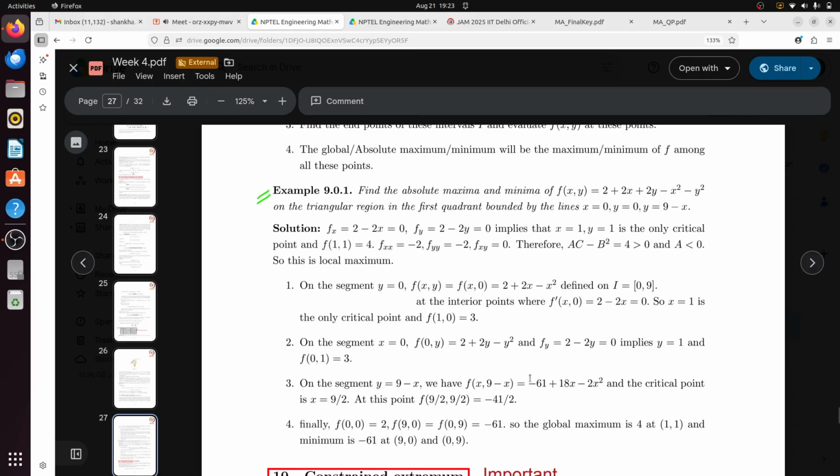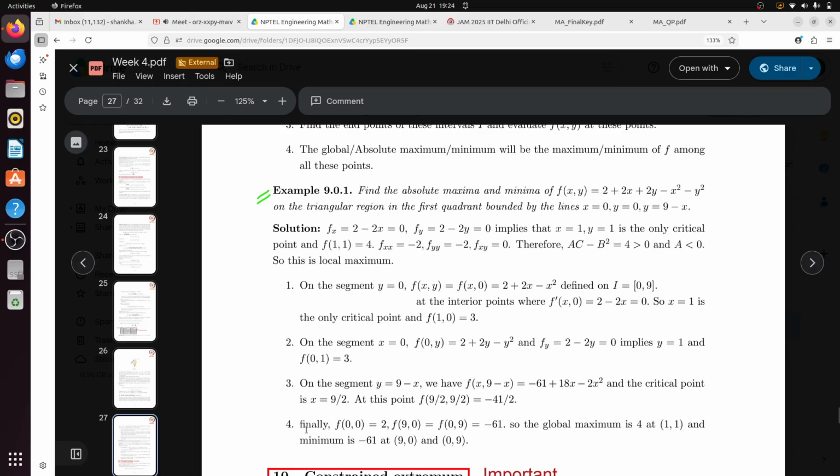Now on the segment y equal to 9 minus x, you put y equal to 9 minus x. You get minus 61 plus 18x minus 2x square. You take del f del x equal to 0, you will get x equal to 9 by 2, so y equals 9 minus 9 by 2. That means 9 by 2 is one of the critical points. Now f of 9 by 2 is minus 41 by 2. Now you take x equal to y equal to 0 the same way.